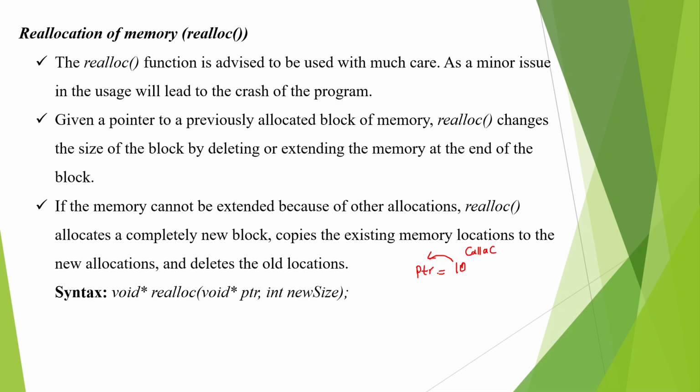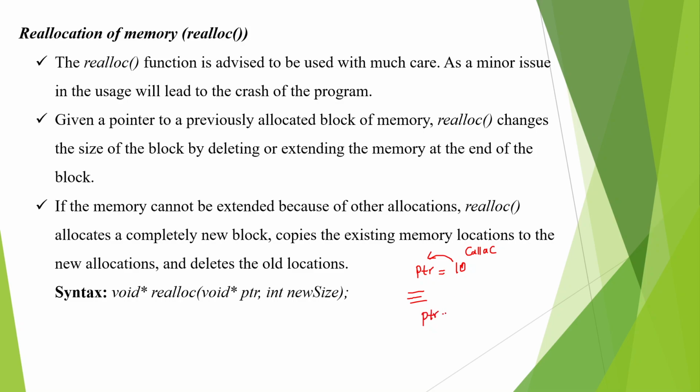But later on in your program you decide you want more, say 20. Then, to adjust these memory locations from 10 to 20, or from 10 to 5, increasing or decreasing, we use realloc.